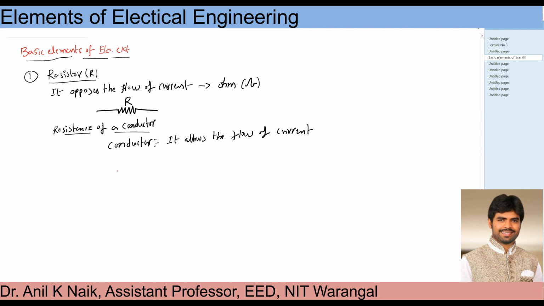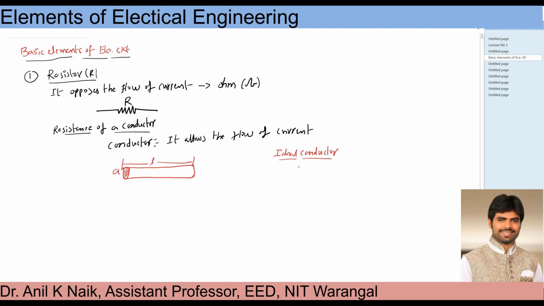Now to understand what the resistance of a conductor is, let us consider a conductor made of some material, assume it is an aluminum conductor, which has length L and cross-sectional area A. When you talk about ideal conductors, the conductivity of an ideal conductor is 100%, or you can say the resistance of this ideal conductor is 0.